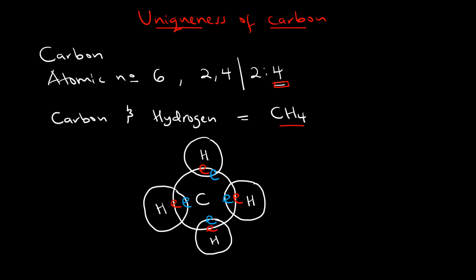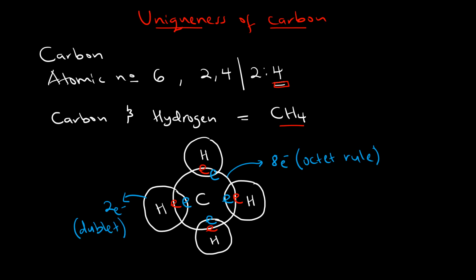So our hydrogen atoms will each have 2 electrons in the outermost energy level and will be stable, while our carbon will have 8 electrons in the outermost energy level, following the octet rule. So it will also be stable. Carbon follows the octet rule of having 8 electrons in the outermost energy level, while our hydrogen follows the doublet rule.